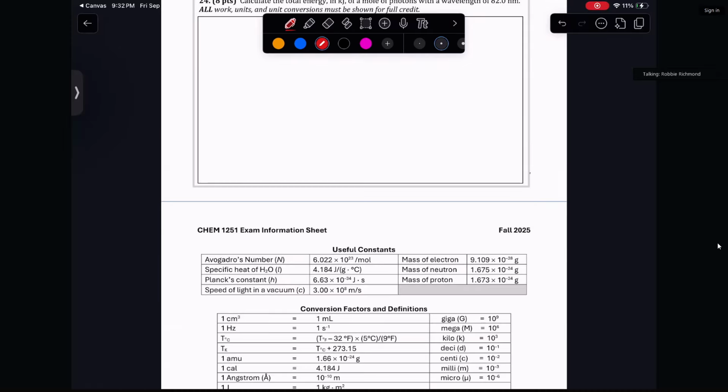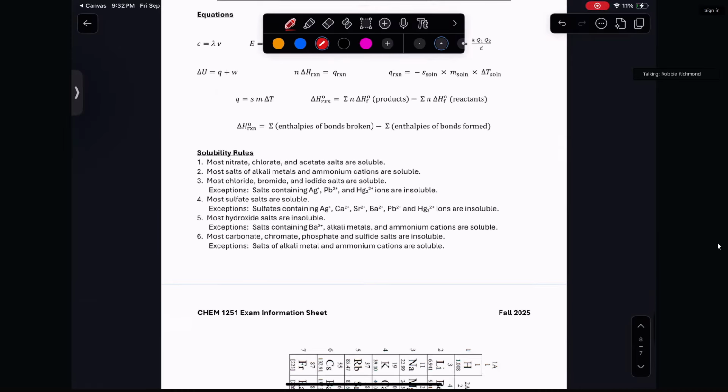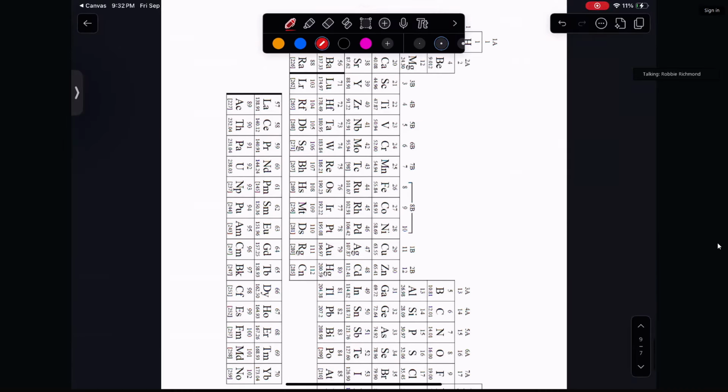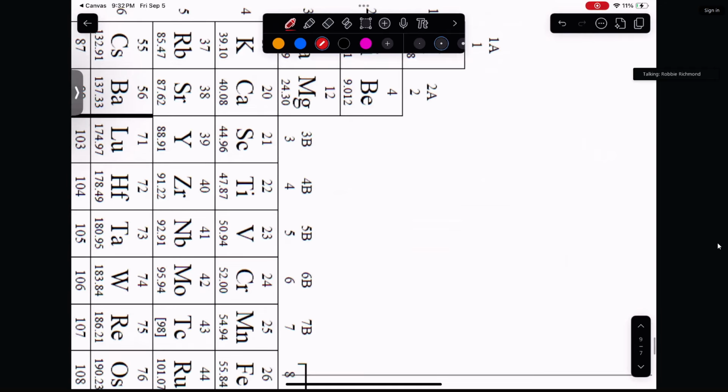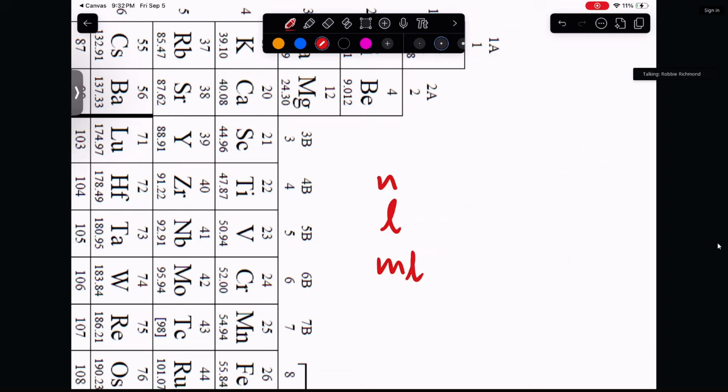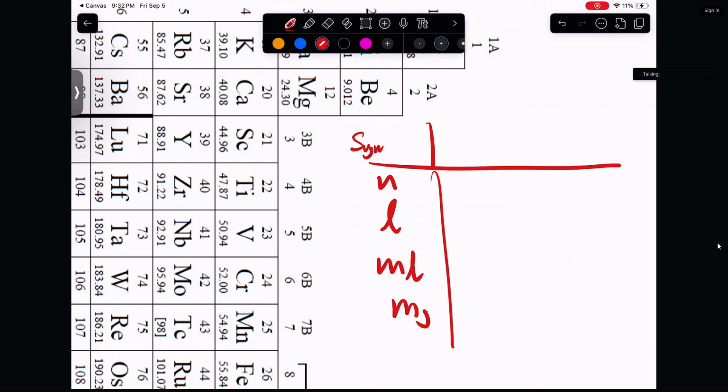To alleviate that, I recommend writing down a couple of charts, specifically the symbols n, l, ml, and ms. Kind of make a table format here: symbol, meaning.